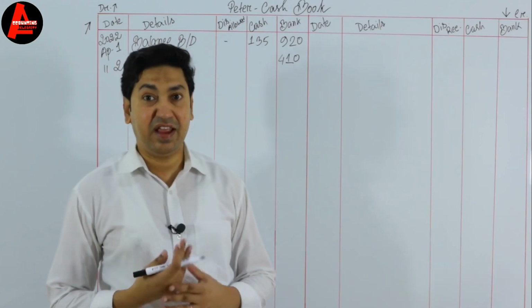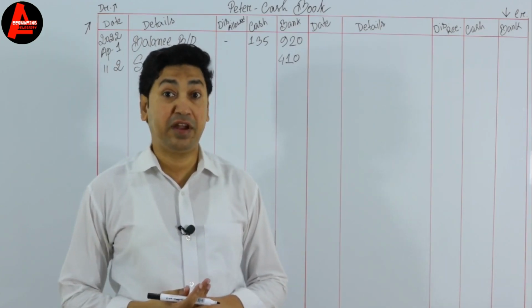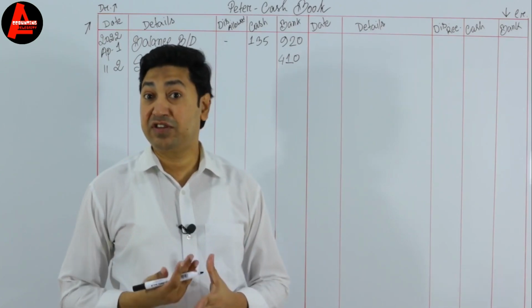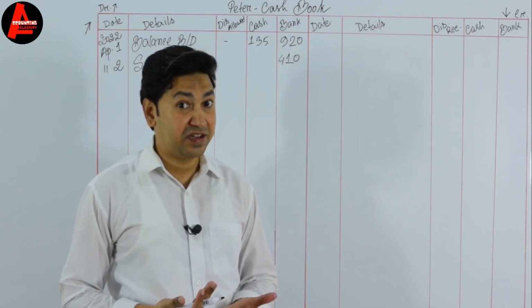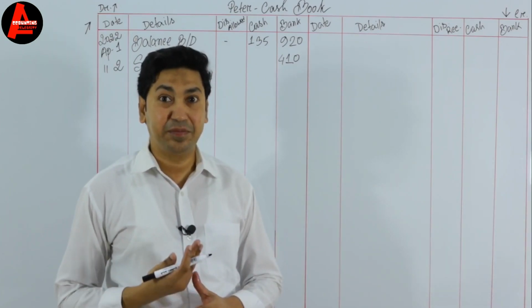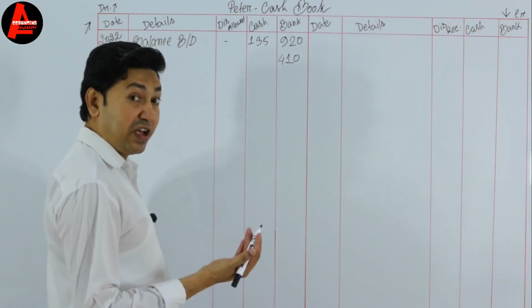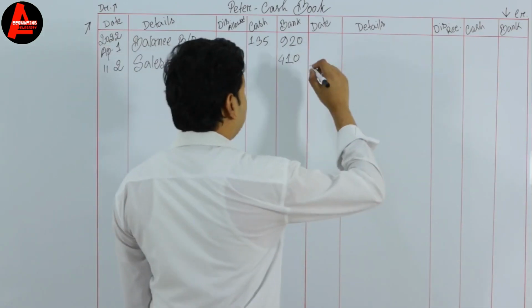Now tell me, paid by check, that means the money will appear in the bank column. Now tell me, increase or decrease? Yes, the bank balance will be decreased as it is paid. Okay, paid by check, so we will write on the credit side. So let us write the date first.